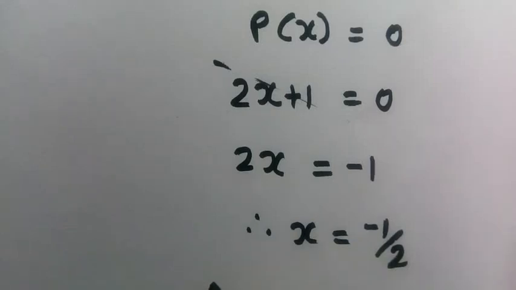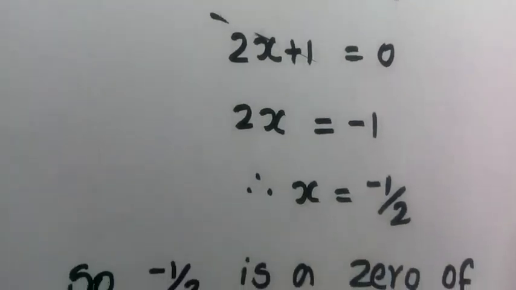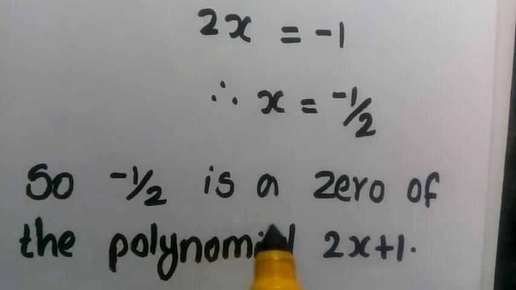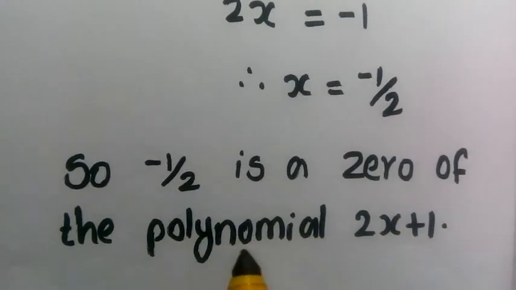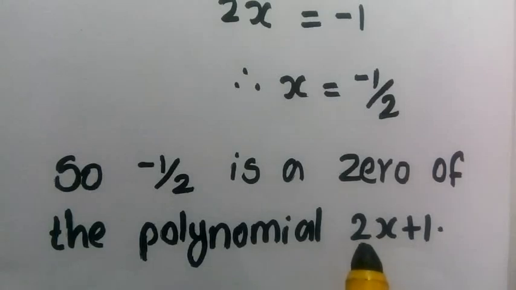Why? Because here 2 is under multiplication. This 2 will come to the opposite side of the equal to sign. That time it will go to the division. So we got the value of x is equal to minus 1 by 2. So minus 1 by 2 is a zero of the polynomial 2x plus 1.